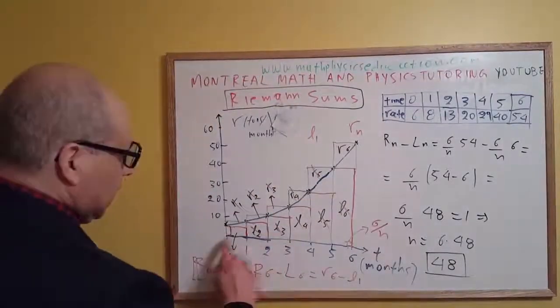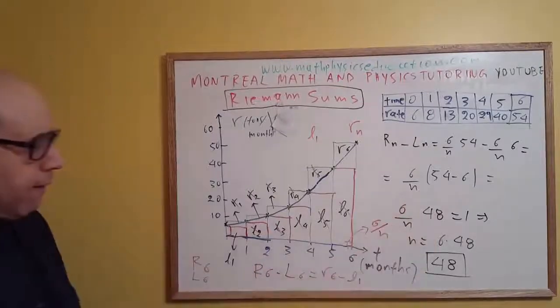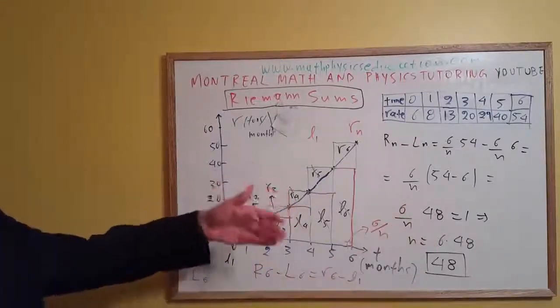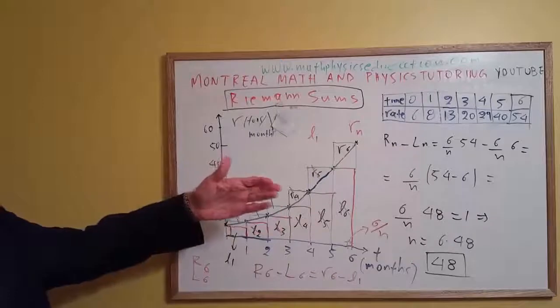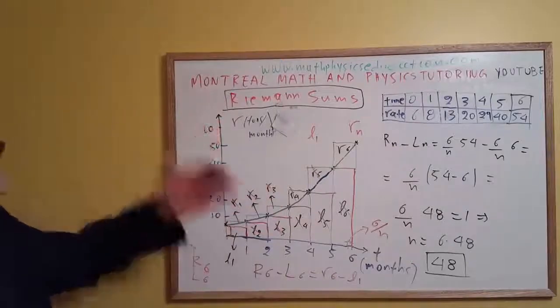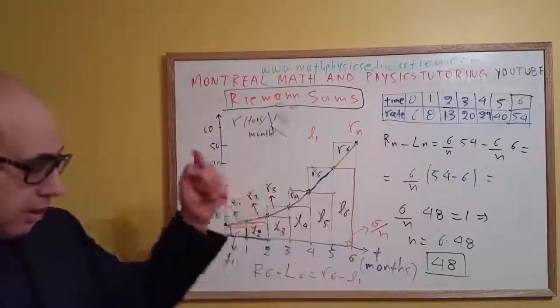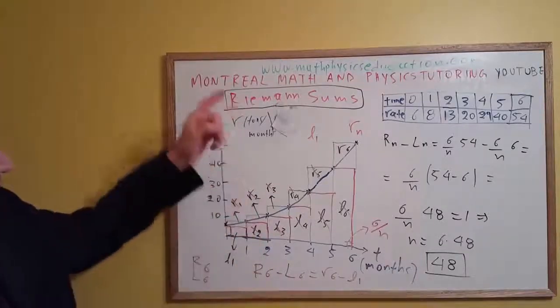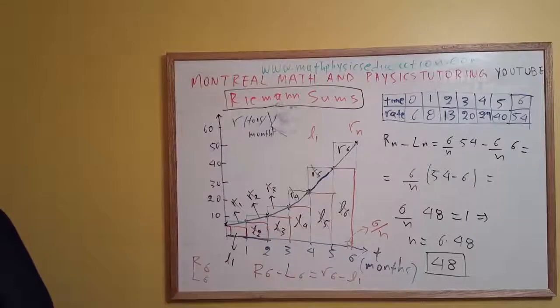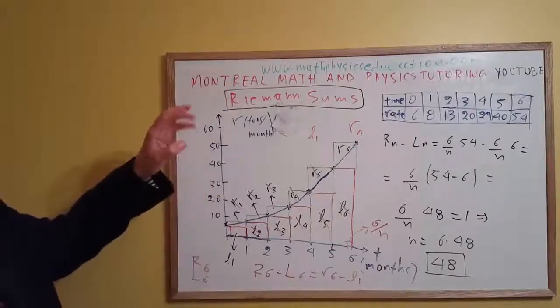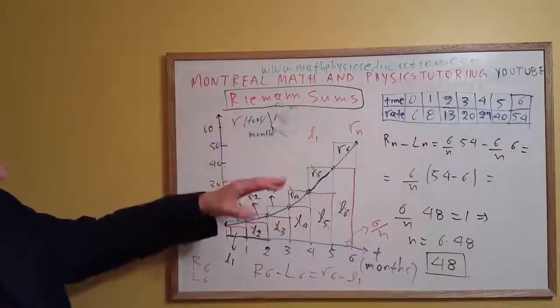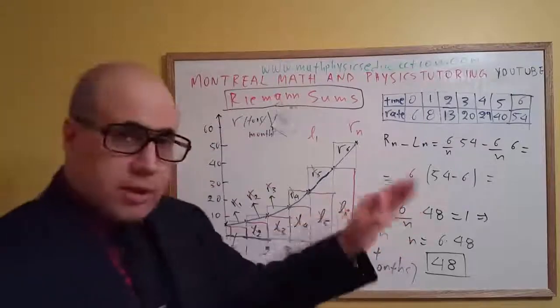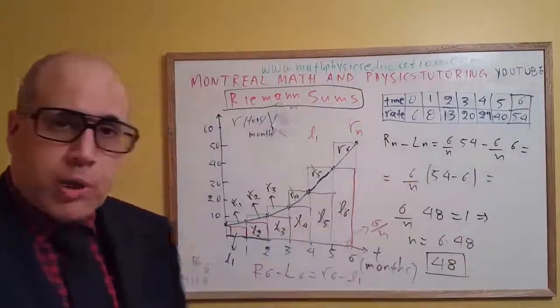Since we have 6 months, that means we have to take measurements 48 times per month in order for the difference of the overestimate over the underestimate to be exactly equal to 1 ton.